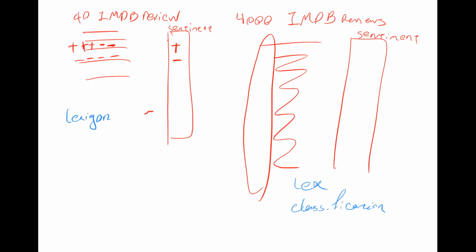In the previous class, they used lexicon-based prediction, and it was about 70 something percent. Now we use classification to see if we can outperform the lexicon-based prediction or not.